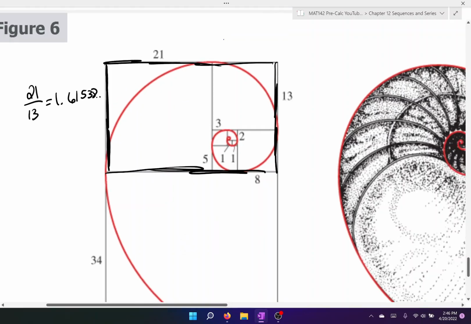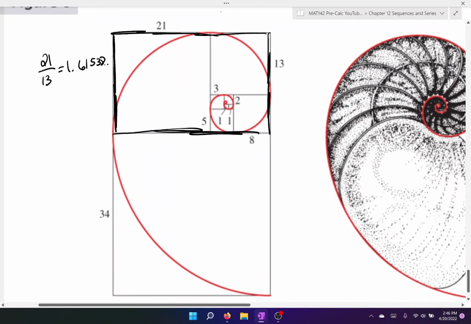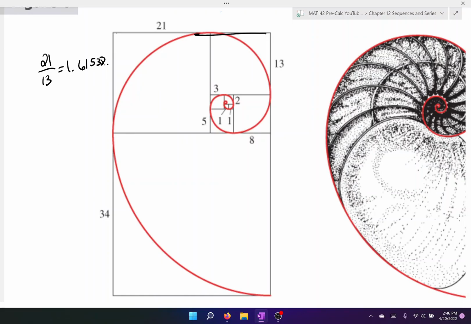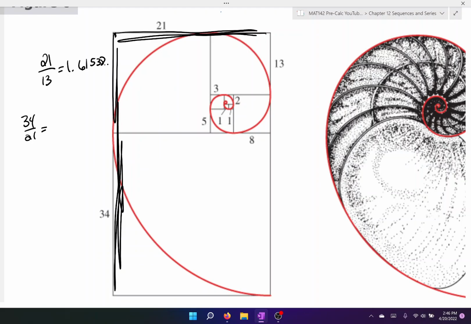Now, if we go ahead and take the next two Fibonacci numbers, so we're going to do 21, which is here, and then 34, which is here. So 34 over 21, and we take that ratio there. You get 1.61904719 and all this other stuff, okay?